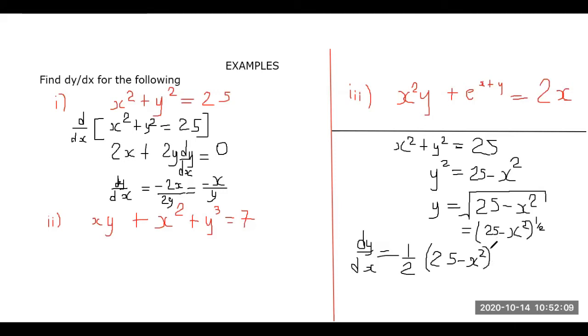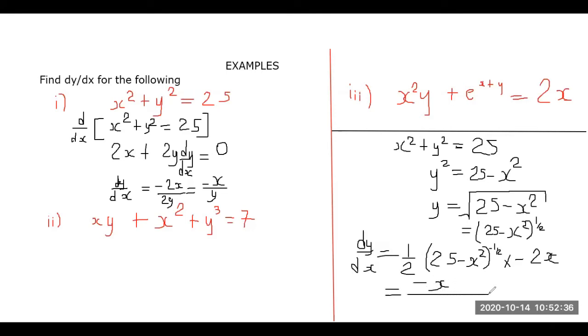So we get half times 25 minus x squared to the power minus half, times the differential inside the bracket, and the differential of minus x squared is negative 2x. Now, minus 2x times a half works out to be minus 2x over 2, which is just minus x.